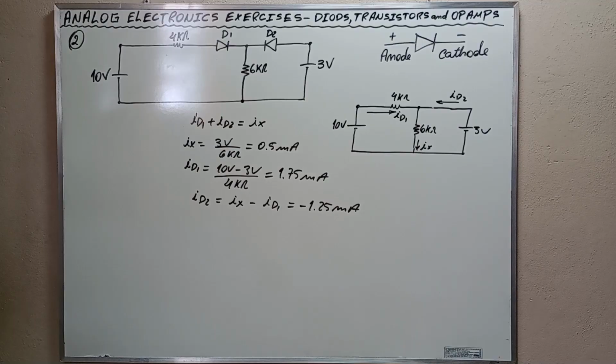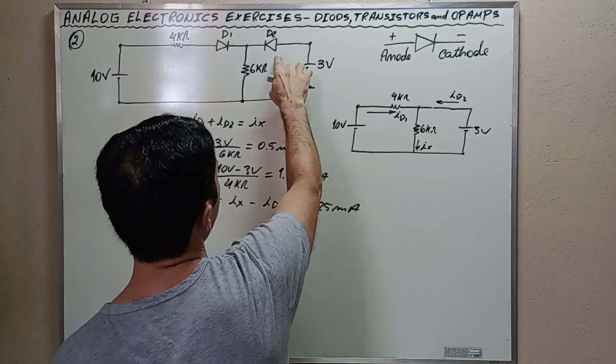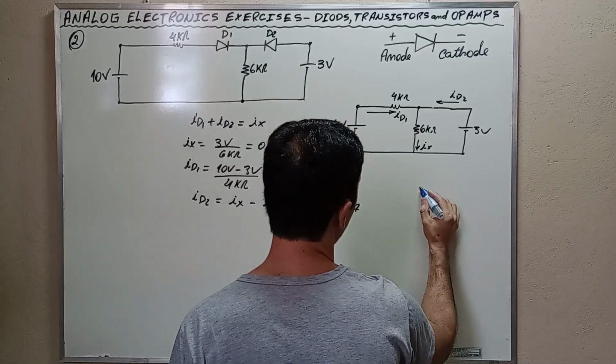Since the negative sign means that ID2 flows in the opposite direction, that is from the cathode to the anode, which is impossible under normal operation, we observe that actually D2 is off, contrary to the assumption proposed by the exercise. Here we have this diode D2.